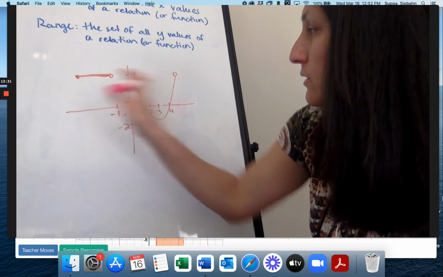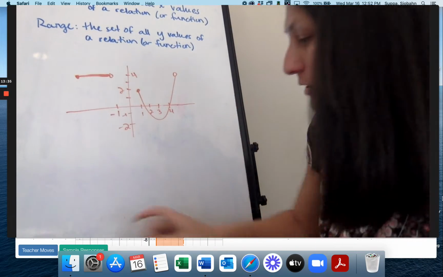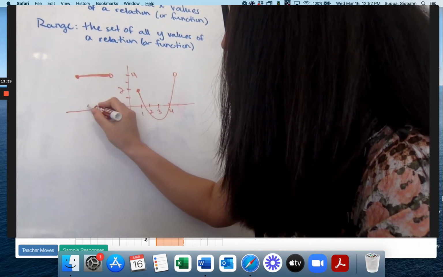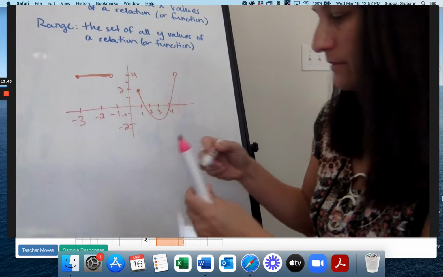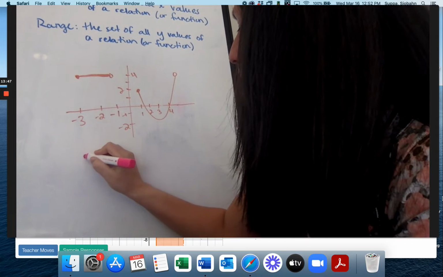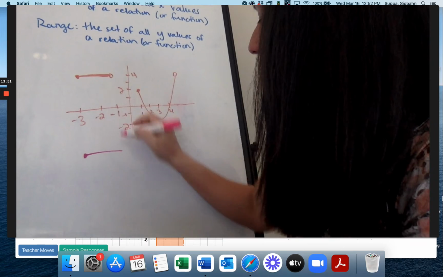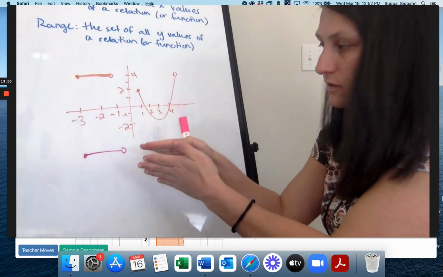Now that I've modified this, I need more x values here. So -1, -2, -3. The domain goes from -3 up to -1 and stops with an open circle. I'm just drawing the domain down here.